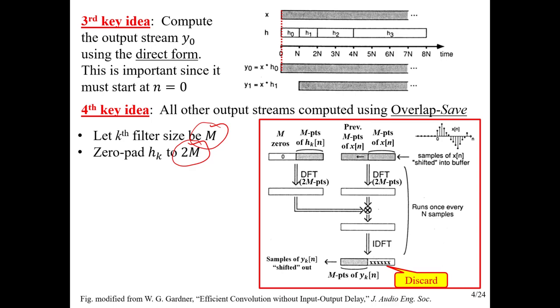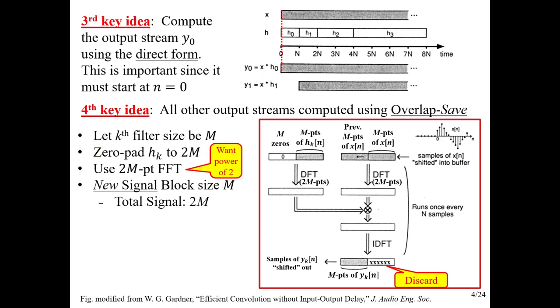So remember, in overlap save, we zero pad the filter, but we do not zero pad the signal. Then we're going to use a 2M point FFT on the zero padded filter.